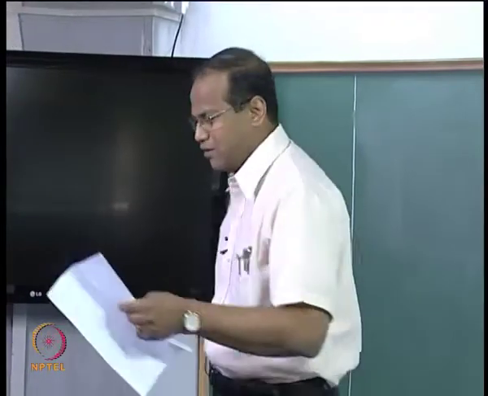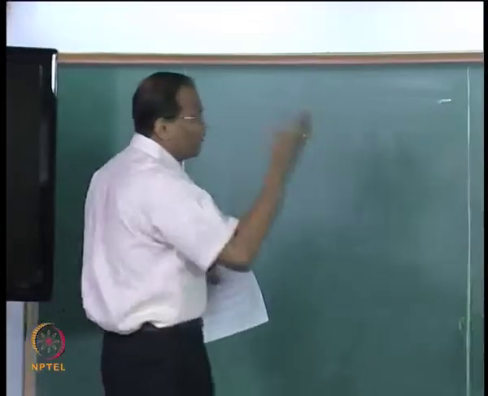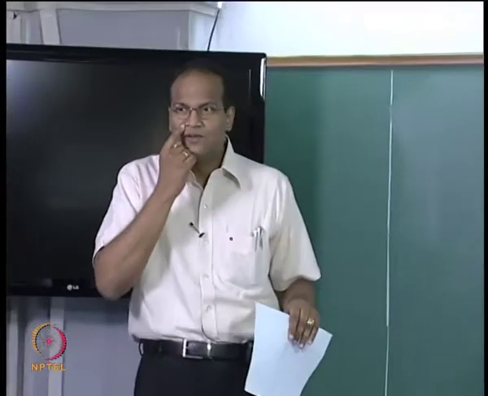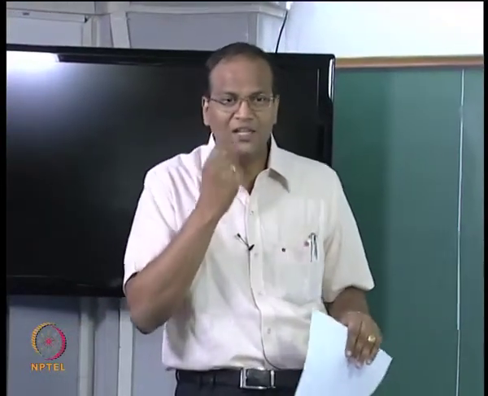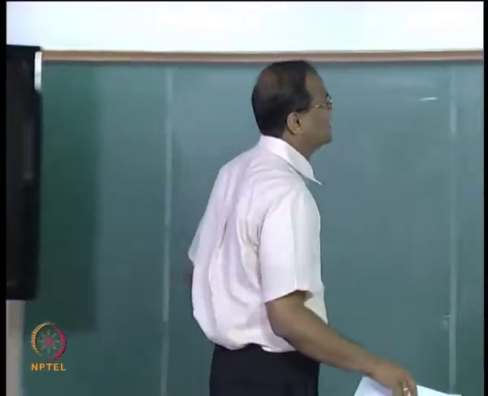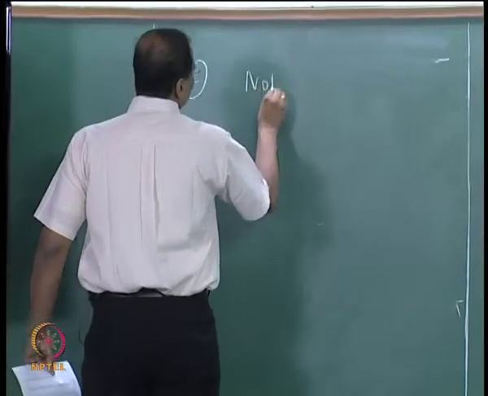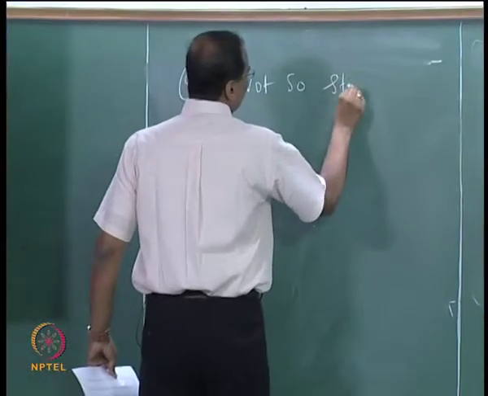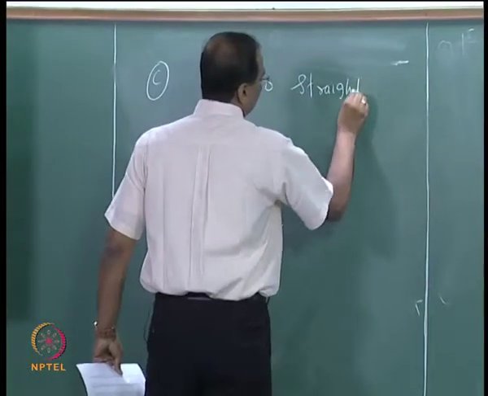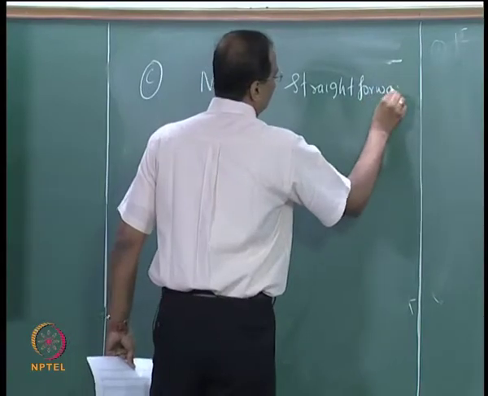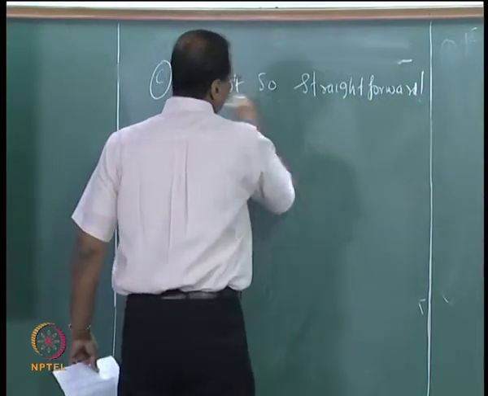Therefore I have to make an assumption. I don't know where that 50% lies. But my intelligent guess is based on Wien's displacement law, which gives 2898 micrometer Kelvin as the maximum. So part C is not so straightforward, that is the first thing you have to recognize.